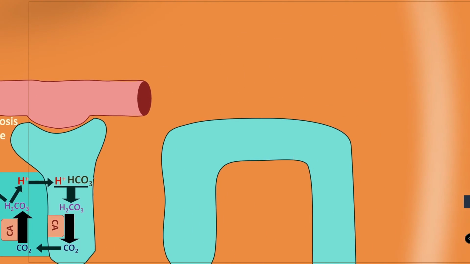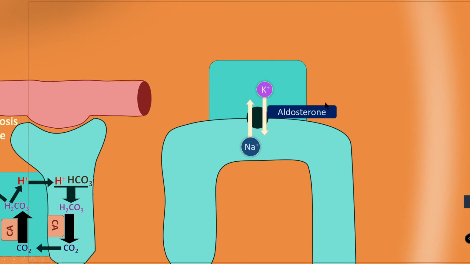Another thing, this is the distal convoluted tubule, and in the distal convoluted tubule, there are certain channels through which sodium is reabsorbed from the lumen, and potassium is secreted, right? And this process happens in the presence of aldosterone.